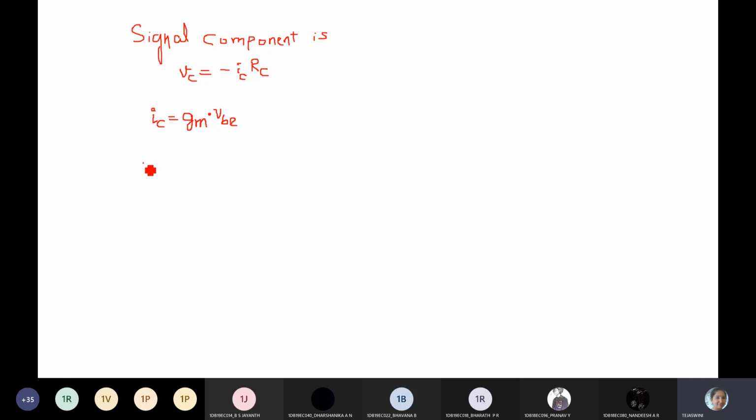So now if you substitute in the place of IC, VC becomes minus GM into VBE into RC.